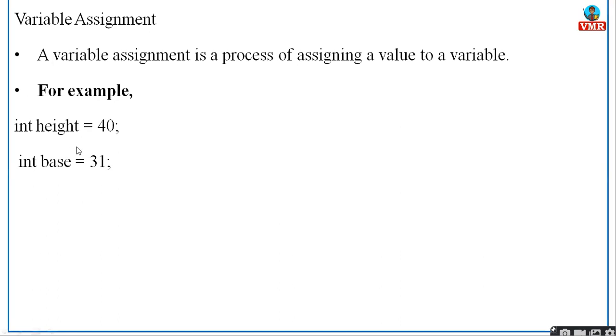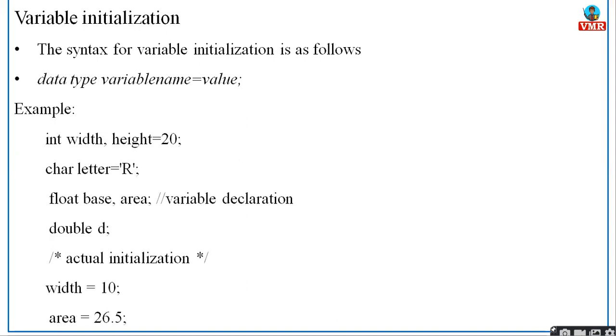I can take int height semicolon, right? And in the next line, I will give height is equals to 40. So this is nothing but first you will declare a variable and then you will assign some value. Okay. So this is your variable assignment. First declaration, and then if you give some value, then that is assignment. If you directly give the variable data type, variable name and value, then that is nothing but your initialization. Okay.